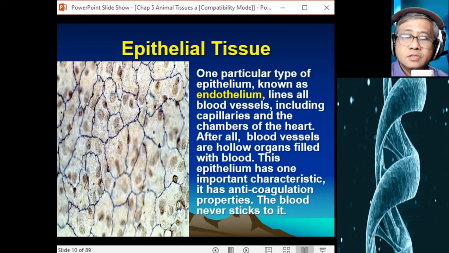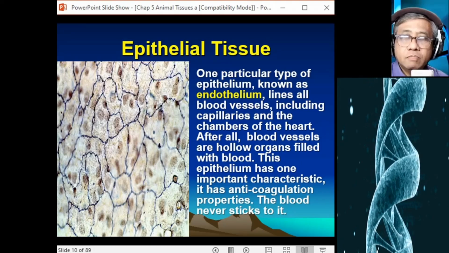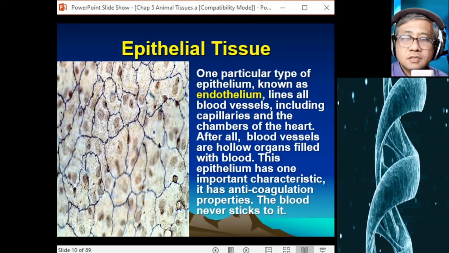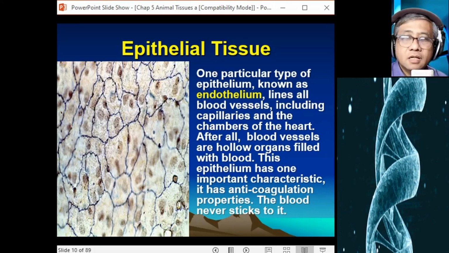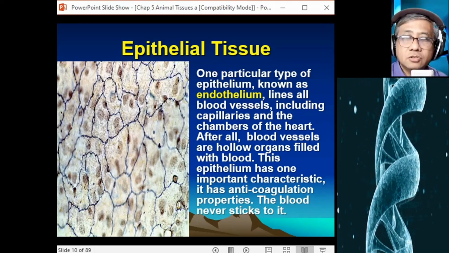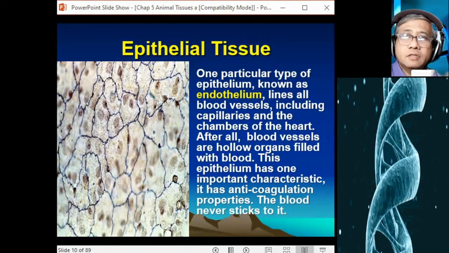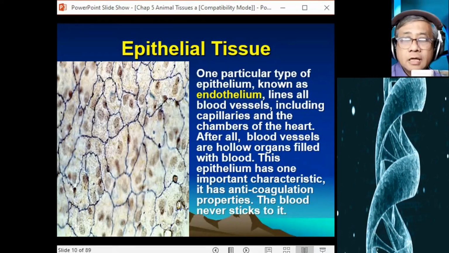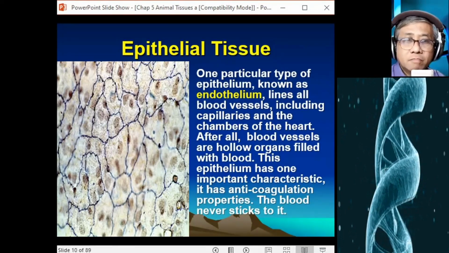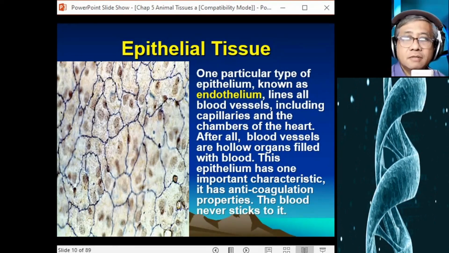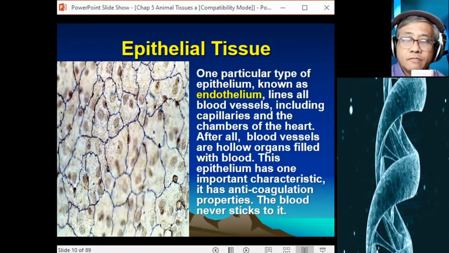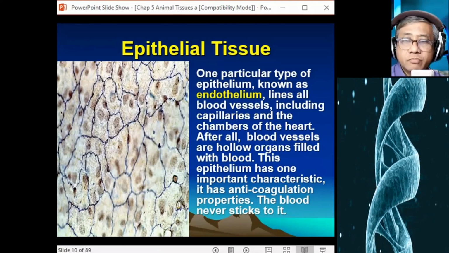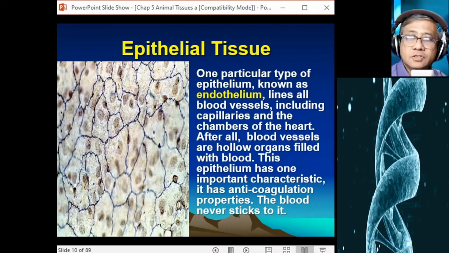Blood vessels are hollow organs filled with blood, and this epithelium has one important characteristic: it has anticoagulation properties. So this type of tissue is important in seeing to it that the blood cells don't stick to the lining of the blood vessels. So the blood never sticks to it.